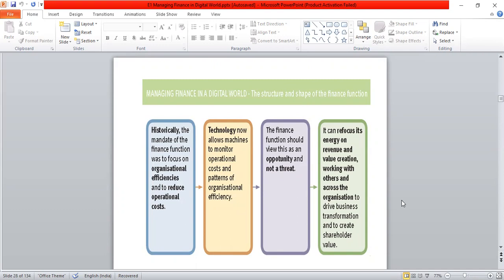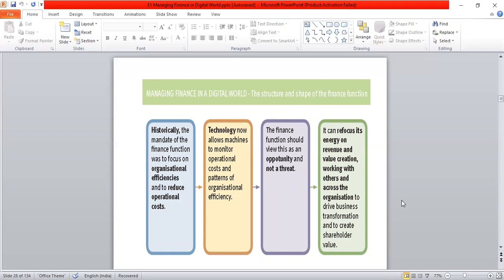Conventionally, whatever was done with the help of human resources is now being replaced by technology. So technology now allows machines to monitor operational costs and patterns of organizational efficiency. So the controlling of the cost or the operational efficiency also is monitored by machines.